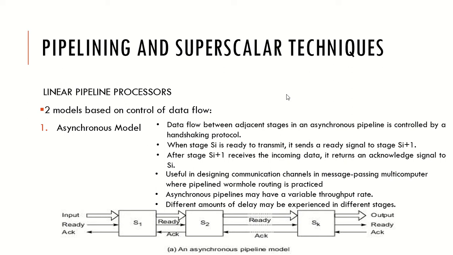The data flow between adjacent stages in an asynchronous pipeline is controlled not by a global clock but by a handshaking protocol. You can see the input is the channel by which the data transfers through the pipeline. Then you see ready and acknowledge. These are the signals used for the handshaking protocol to work.